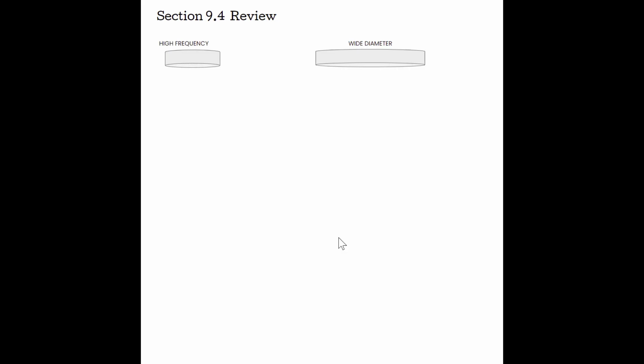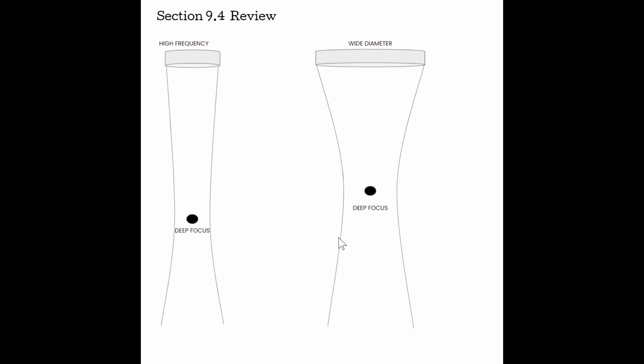High frequency and wide diameters are going to affect the focal depth and the beam divergence in the same way. So high frequency, wide diameter, we're going to see deep focuses. With that then, we also see less divergence. So increased frequency, increased diameter means an increase in the focal depth and a decrease in the divergence.